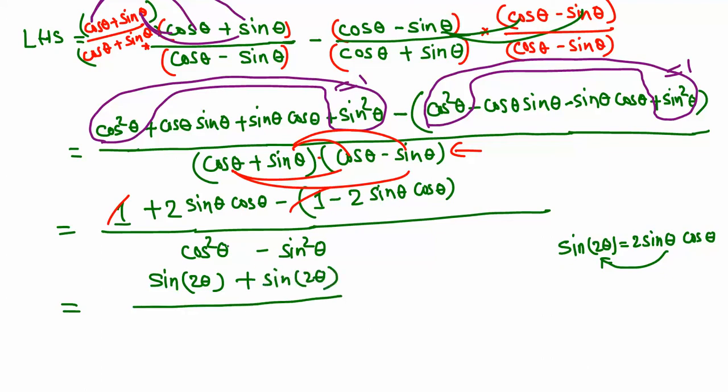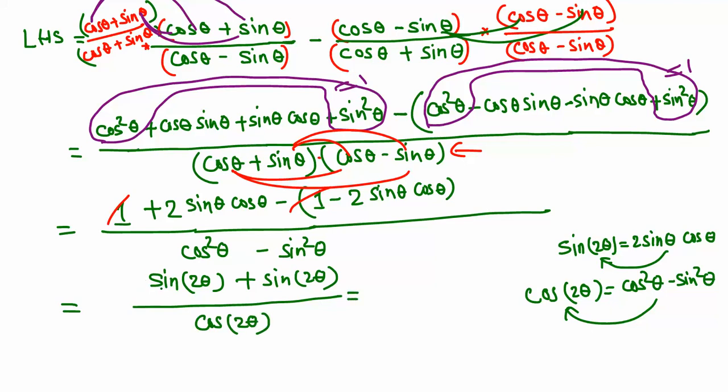On the bottom we have cosine square minus sine square. If you recall or look at the formula list, cosine 2 theta is cosine square minus sine square. So on the bottom, cosine 2 theta.